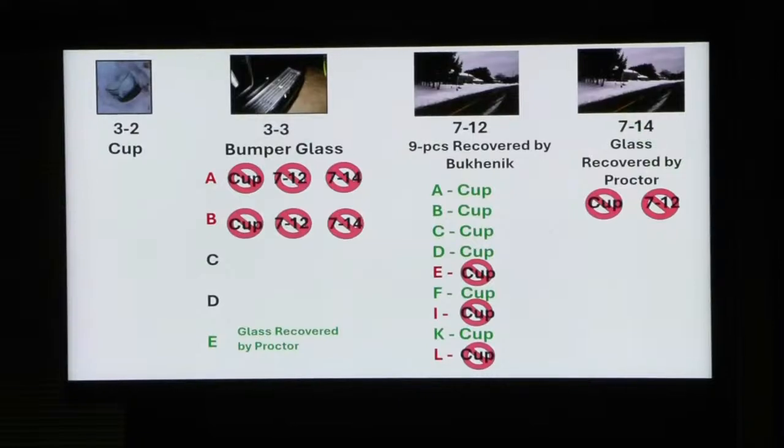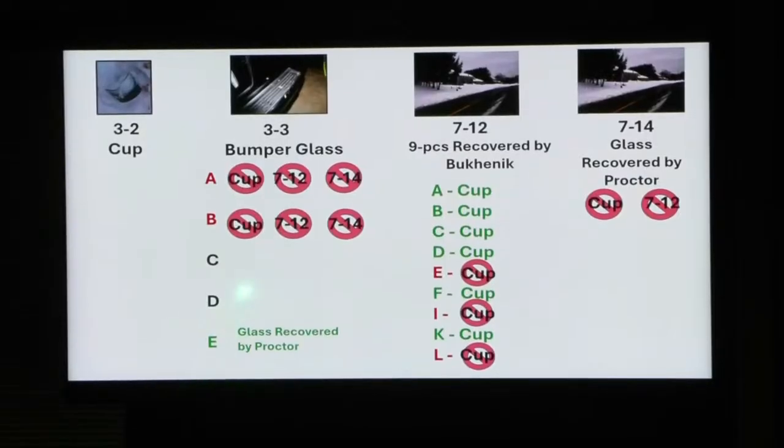Taking these one by one, starting with the bumper glass, category 2. Piece A did not match the cup, anything in 7-12 or anything in 7-14, correct? That's correct. Piece B did not match the cup, did not match anything in 7-12, did not match anything in 7-14, correct?